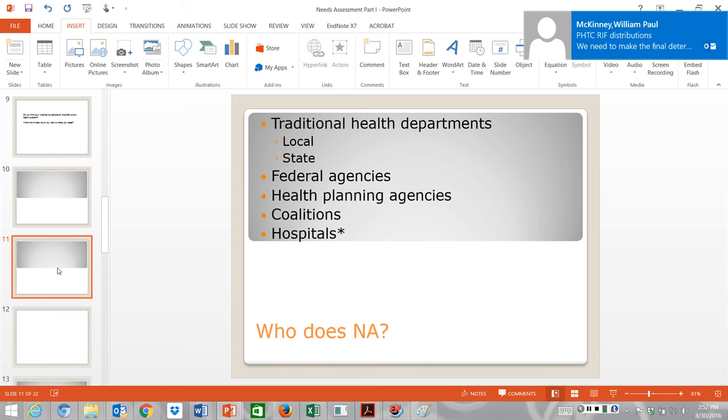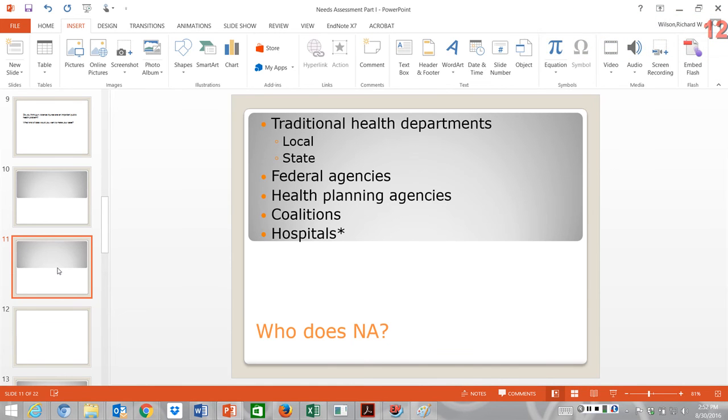Coalitions commonly will do needs assessment, usually directed towards the reason that coalition exists. So for example, if it's a drug abuse prevention coalition, they're going to do a needs assessment specifically related to drug abuse. They're not interested usually in the whole spectrum of health problems, but just the ones related to drug abuse.